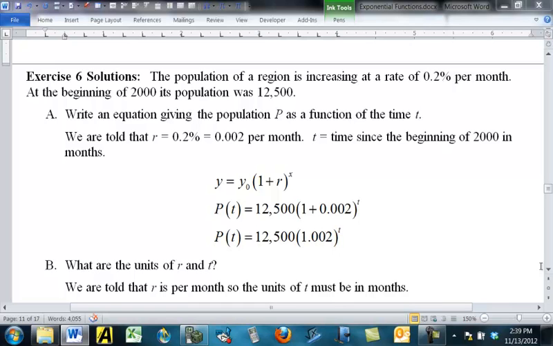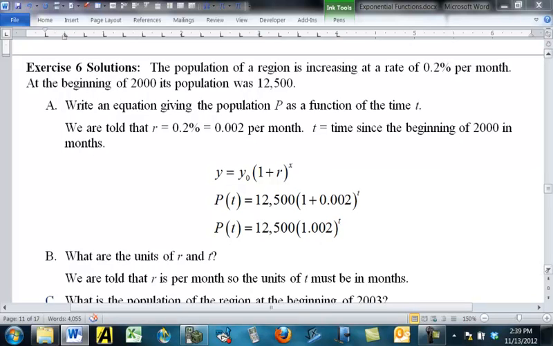We're going to change x to t and y to p to be more indicative of what they stand for, time and population. And our initial p is 12,500. Our rate is 0.002, and so 1 plus 0.002 is 1.002. And we have the formula.